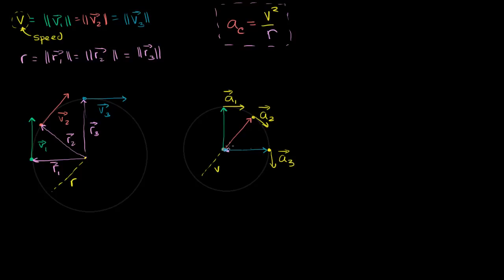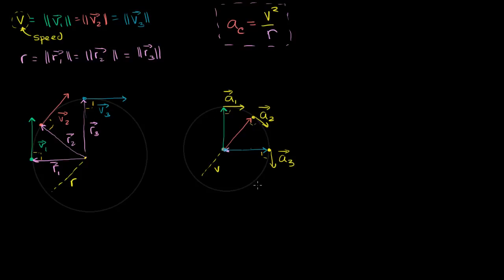Over here, the velocity vectors are moving around like the hands of a clock. And what is doing the moving around are these acceleration vectors. And over here, the velocity vectors are tangential to the path, which is a circle. They're perpendicular to a radius. And you learned that in geometry, that a line that is tangent to a circle is perpendicular to a radius. And it's also going to be the same thing right over here.